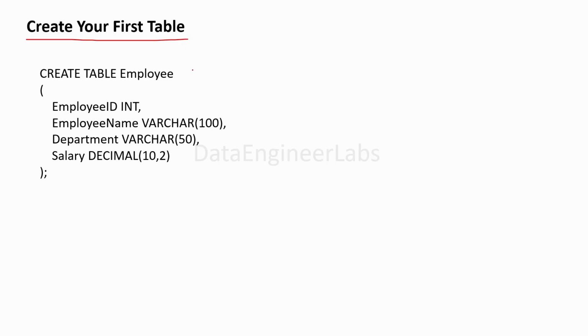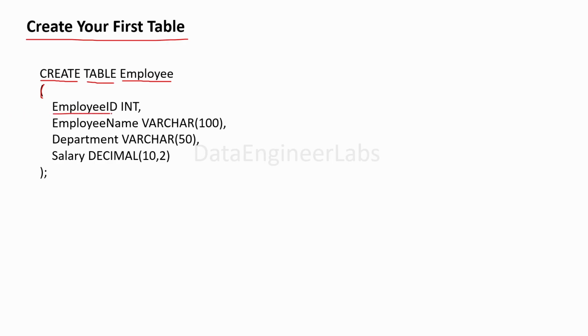But before creating the table live, let's understand the create table statement here, what it is and how it works. For creating a table, we start the SQL statement with create table and then the name of the table. For this instance, we are using employee. And then within the round brackets, we specify what all columns are present for that table and their data types.